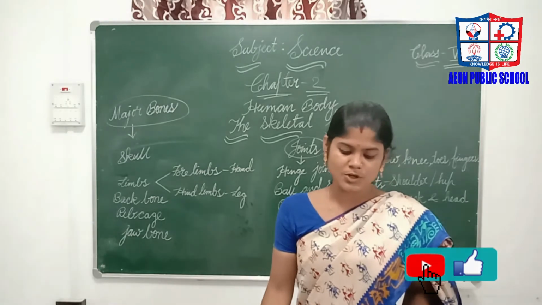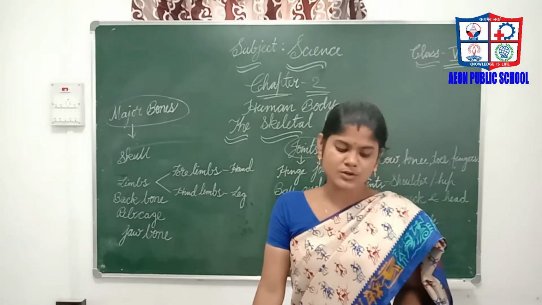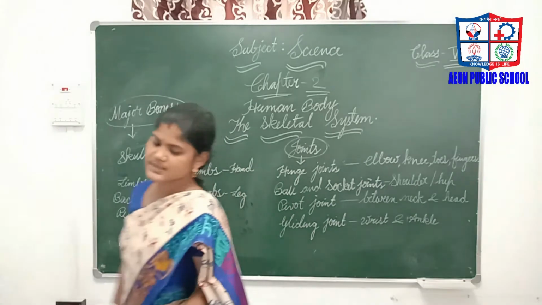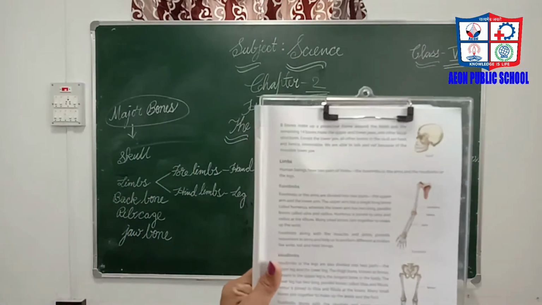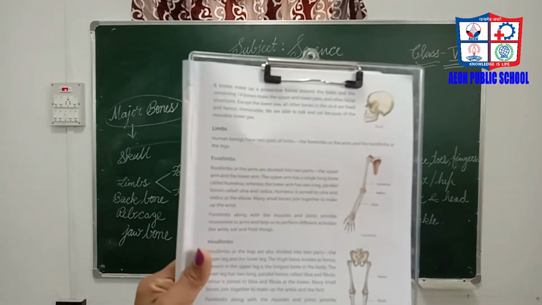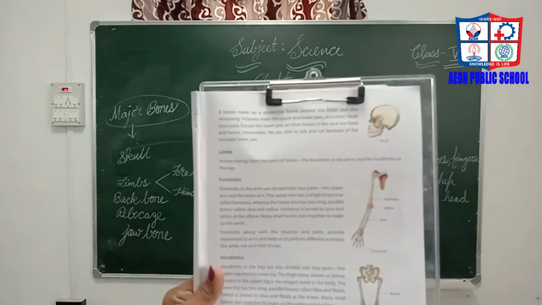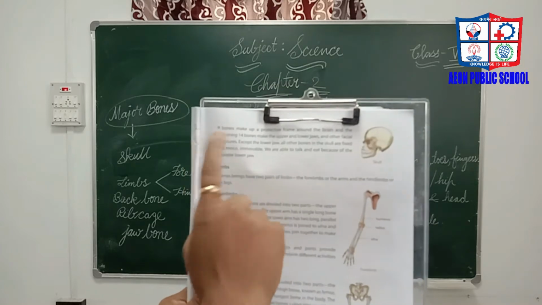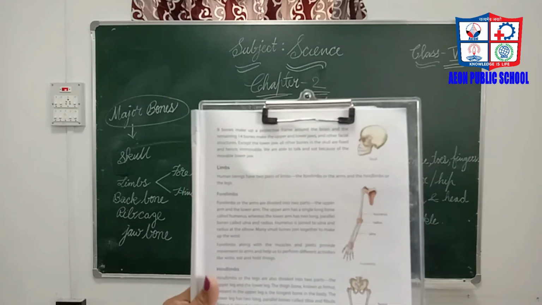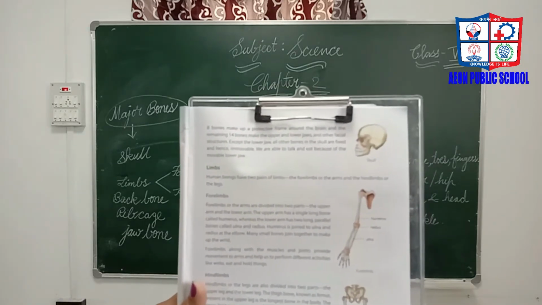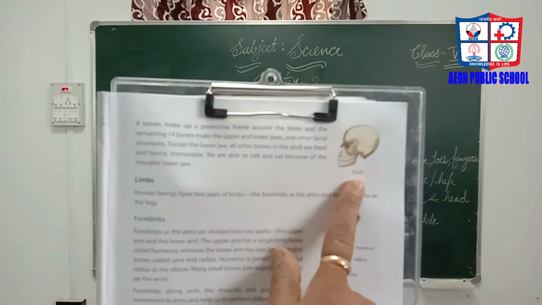We are able to talk and eat because of the movable lower jaw. See here the skull. Is it visible to you? Yes. This is the skull, the first major bone. Eight bones make up the protective frame around the brain. This is the figure of a skull.